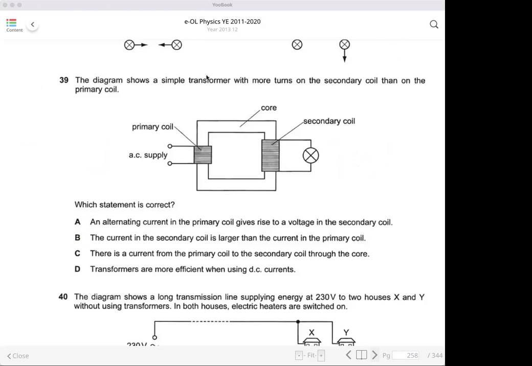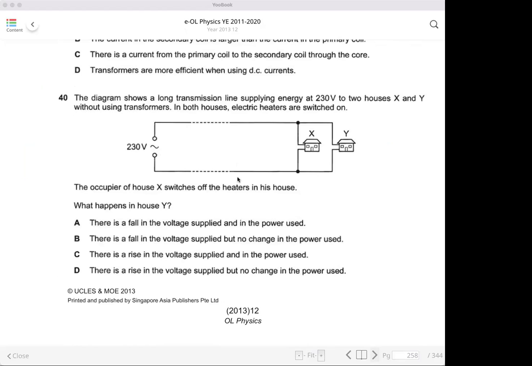Okay, let's go to the last question. Wow, this year paper is unbelievably easy, right? Okay, you may begin.